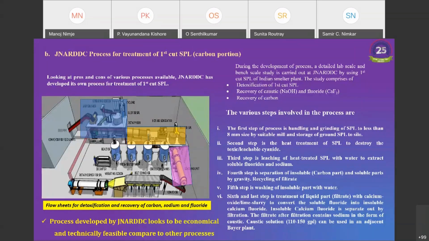The leached sample is then transferred to a washing conveyor to remove the adsorbed sodium and fluoride. The process looks to be very simple, economical, and technically feasible compared to the other processes available in the literature which are working on the pilot scale. And apart from this economics, it is not producing any other waste, or we can say it is a zero waste process.